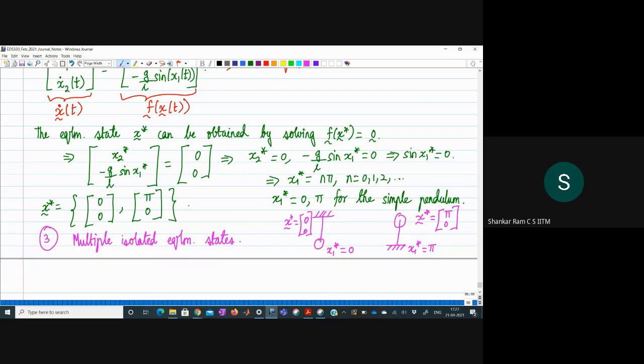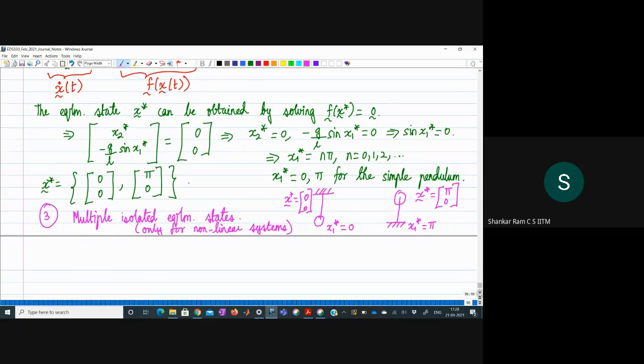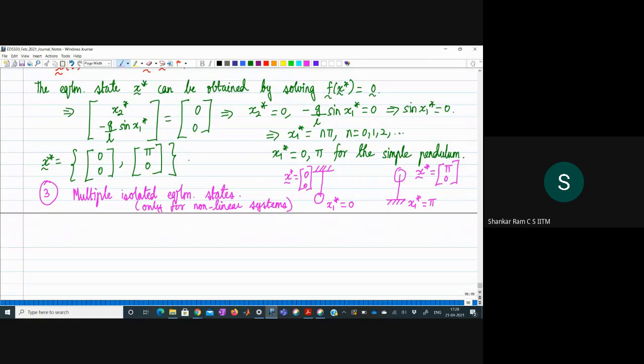So for nonlinear systems, in addition to the two previous scenarios, we have a third case, which is not applicable for linear systems, where we can have a set of multiple isolated equilibrium states. So that is what I say, a unique proposition with nonlinear systems.